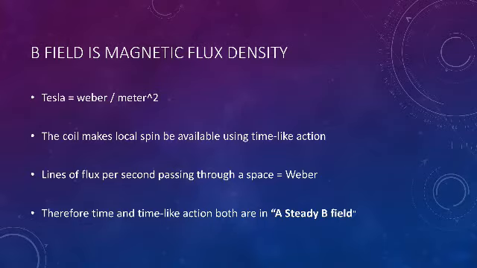Now, I want to spend some time more on this B field, because a lot of textbooks tell you that we're going to apply an external B field, a uniform magnetic flux, to our experiment, as if a B field is anything more than just electrons and protons moving relative to each other.